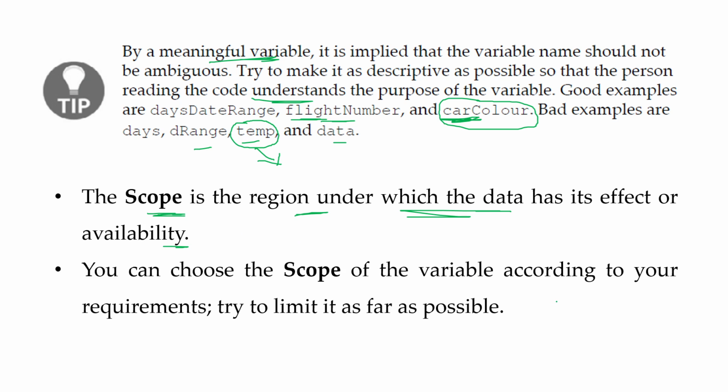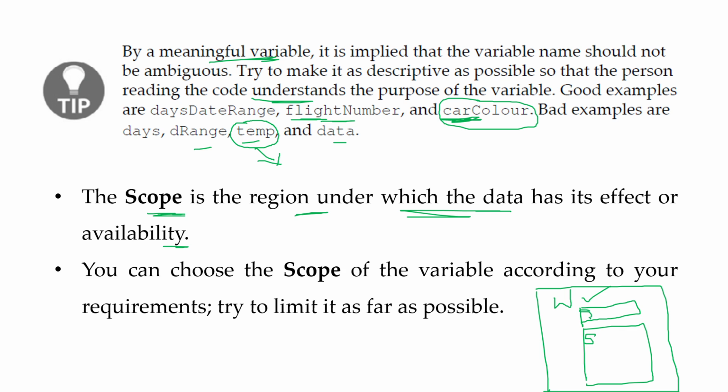For example, let us assume we have a workflow. Inside that workflow, we have a sequence. And this is our workflow. We already have seen in the previous classes that a single workflow can have n number of sequences. Let us assume there is one more sequence called S1, and another sequence called S2.